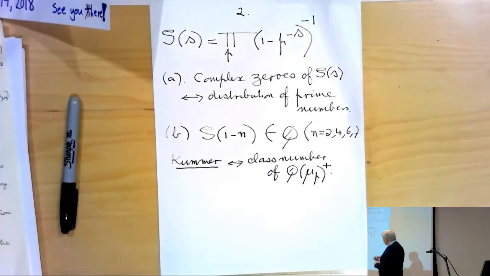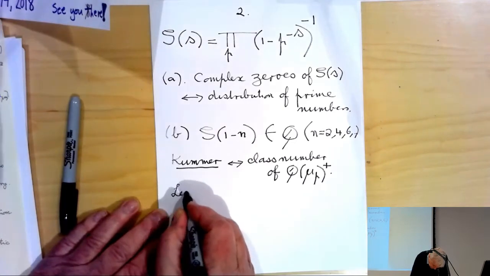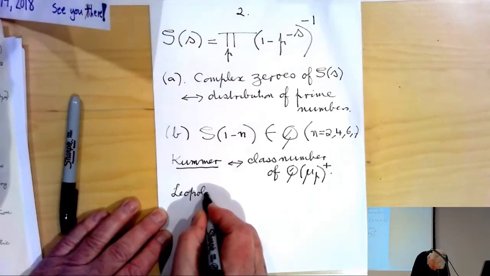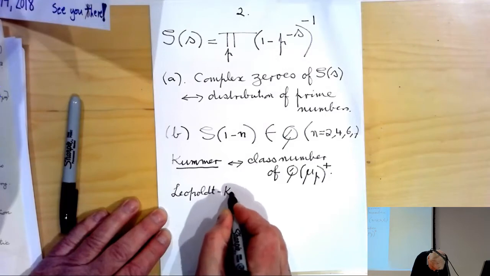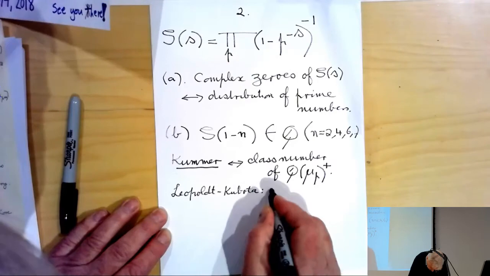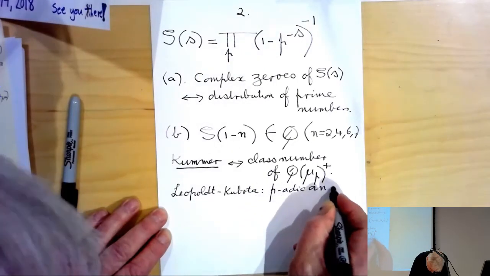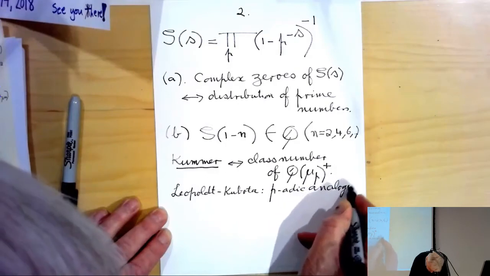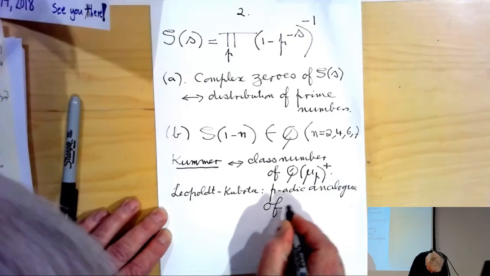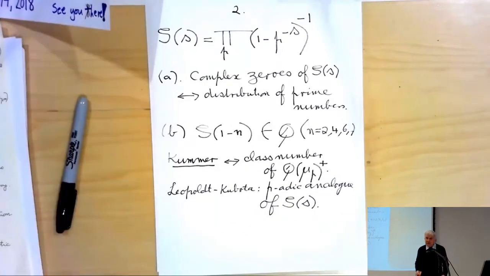Kummer discovered this about the same time as Riemann. But the next important step along the way was due to Leopoldt and Kubota, who proved the existence of a p-adic analog of zeta of S. Now, I'm not going to spell out what this p-adic analog is.